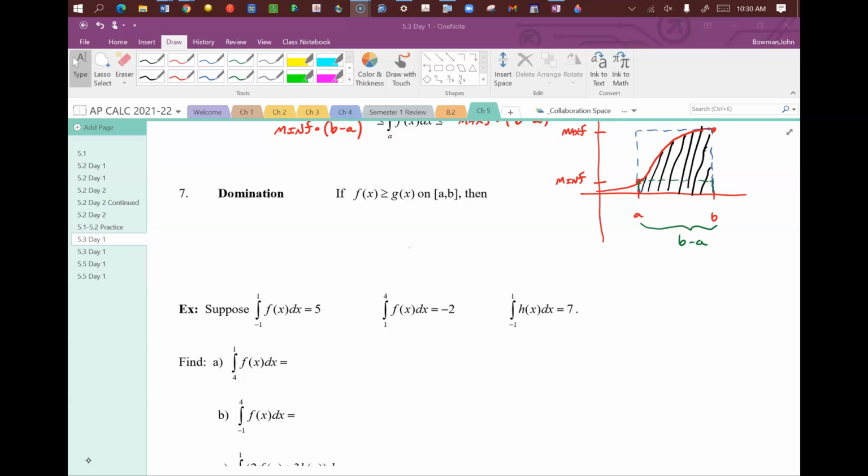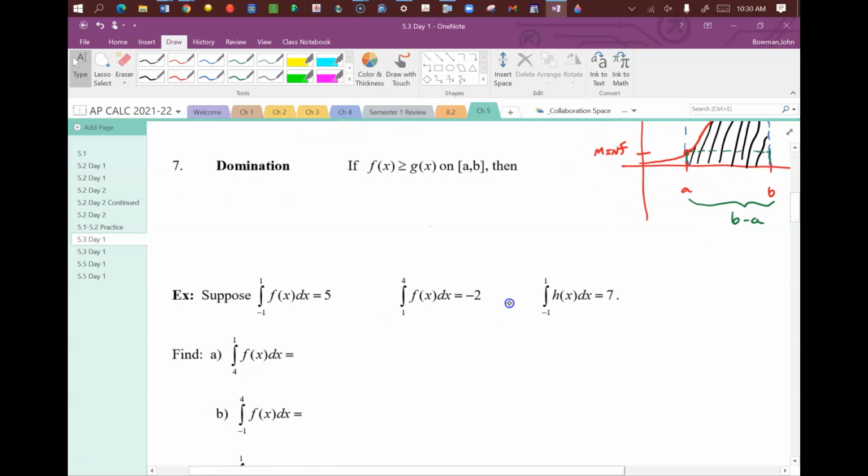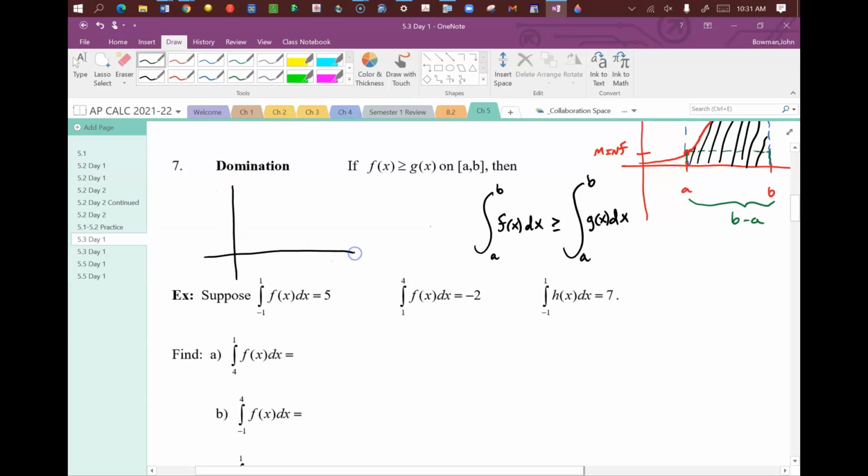In a similar way, if we have this relationship in number 7, where f of x is greater than or equal to g of x on a closed interval, then we can say that the integral from a to b of f of x dx is going to be greater than or equal to the integral from a to b of g of x dx. And again, we can illustrate that by just randomly graphing some function.